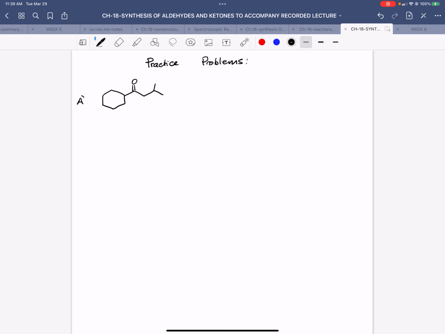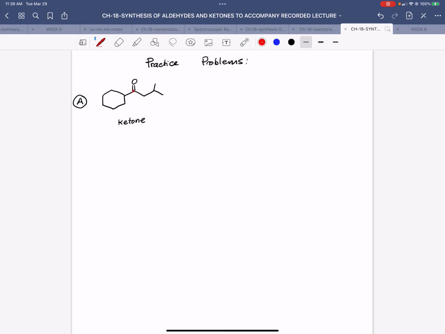A. How can we make this compound? Let's characterize it. This is a ketone. And let's see from how many different sources we can make this compound. What will be the sources that will be useful for making this compound in good synthetic pathways?